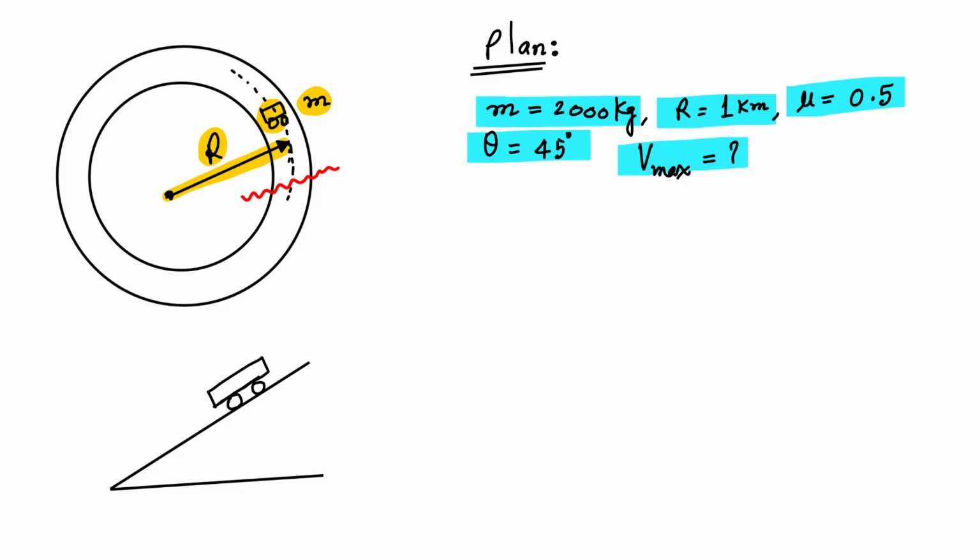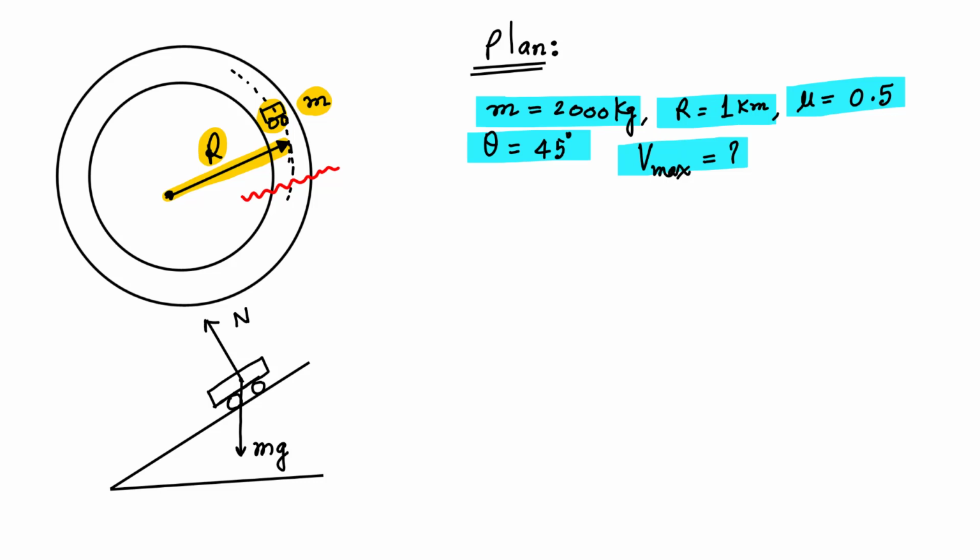Now what are the forces that are acting on this car? You see, one force is the weight that will act in the downward direction, and this is simply mg. And there will be a normal reaction on this car. This will act like this. And this car has a tendency to go out.